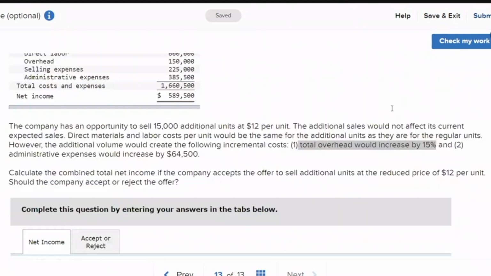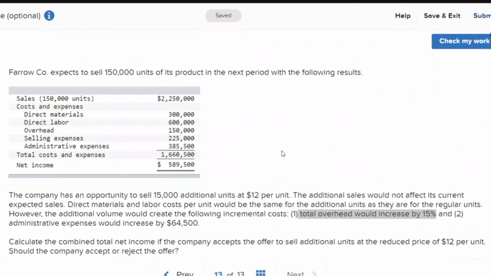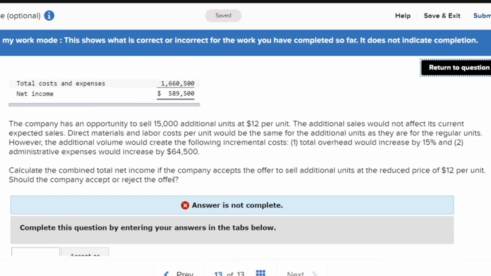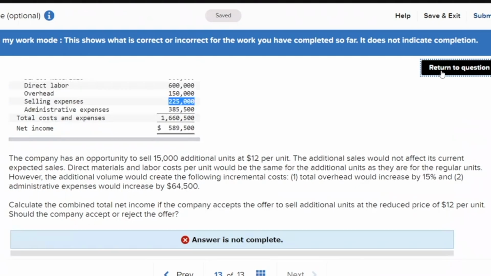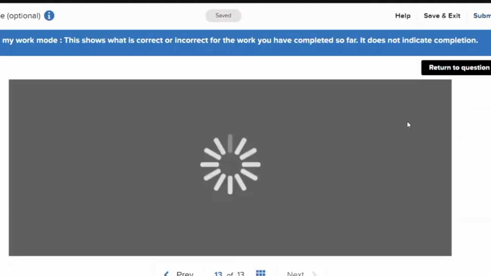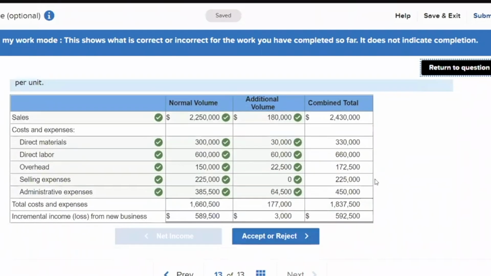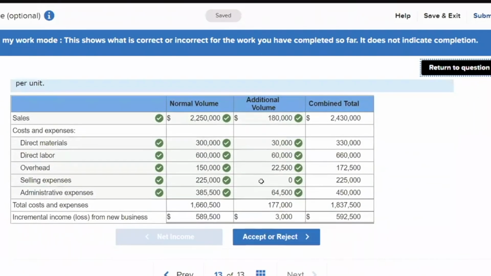Selling expenses, where do they tell us about that? Maybe we don't have any selling expenses. I'm going to go out on a limb and try that. Okay, that's right. So we don't have any selling expenses because apparently this customer has come to us.